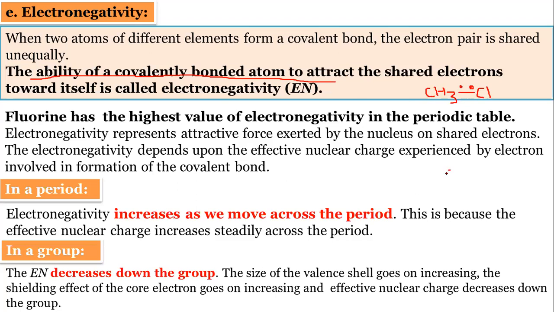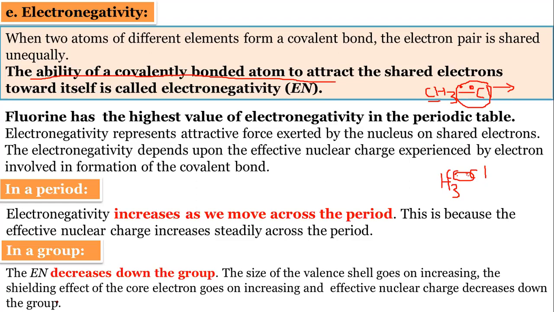Hydrogens are on this side, and this is the electron of carbon, this is the electron of chlorine. So this is the shared pair of electrons. This chlorine will attract this shared pair of electrons towards itself. So it is electronegative. Chlorine is more electronegative than the carbon.